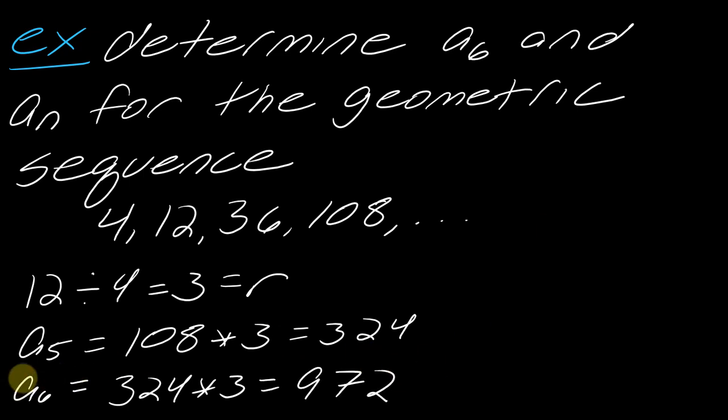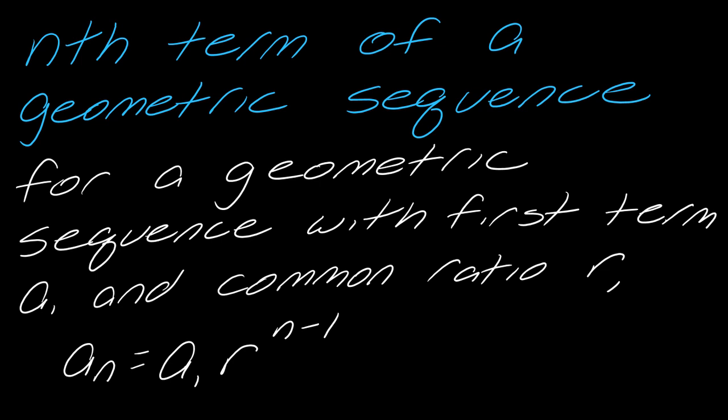Now we have to think about how we would define the nth term. This is captured in this definition here. The nth term of a geometric sequence can be found by taking the first term times the common ratio R to the n minus 1.